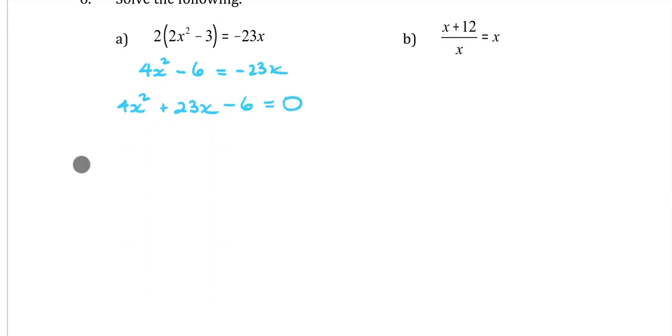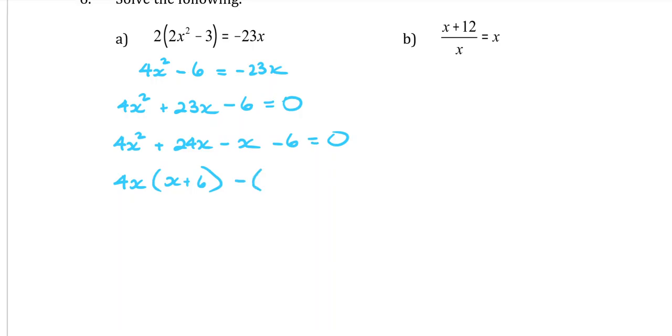So I have a non-monic quadratic here. So I times the 4 with the -6 to make -24. I'm looking for two numbers that times to give -24, but add to give 23. So that would be a positive 24 and a -1. So I split the middle term, and now I factorise in pairs. So first and second term, I can factorise out a 4x, which will leave x plus 6.